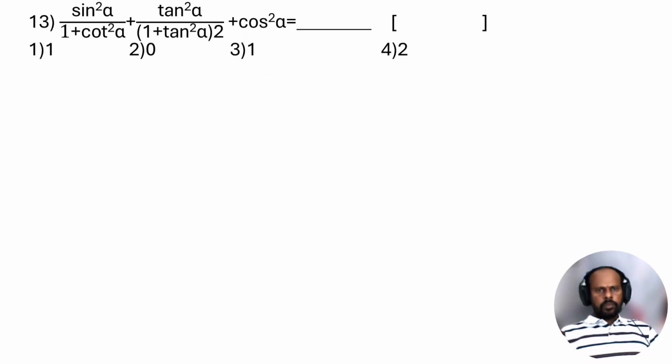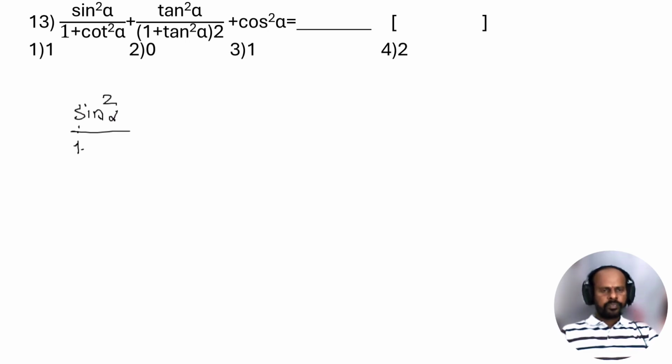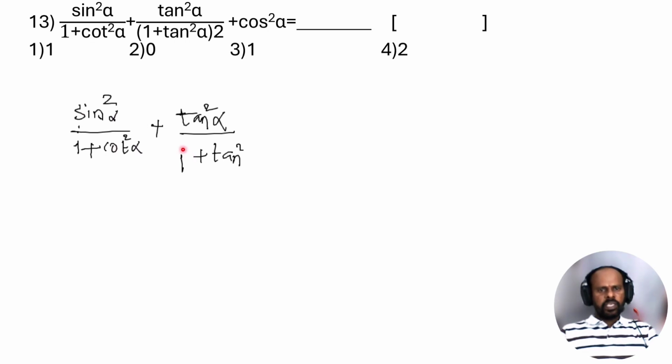The question is given: sin square alpha divided by 1 plus cot square alpha, and the second term is tan square alpha divided by 1 plus tan square alpha whole square, and plus cos square alpha.